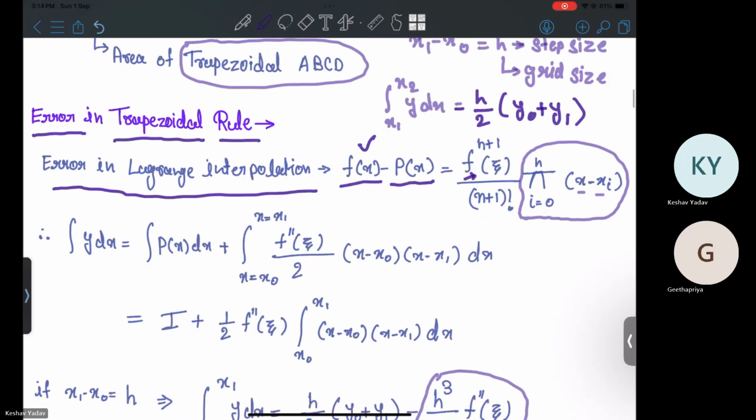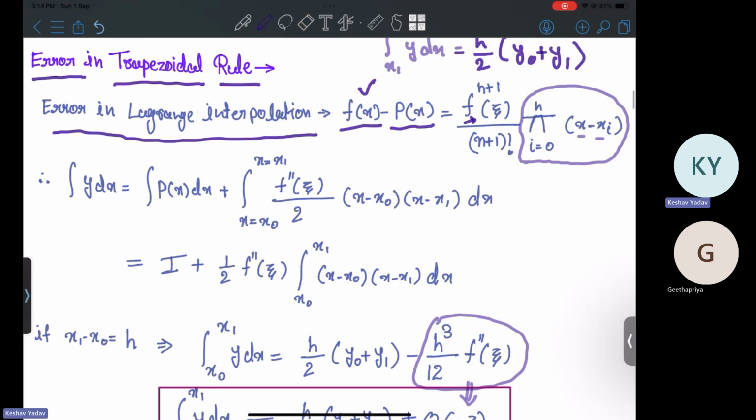Okay. So here for this case, this y dx means this function, this is nothing but my y. So if I want to find y dx, I will integrate on both sides, from x0 to x1.